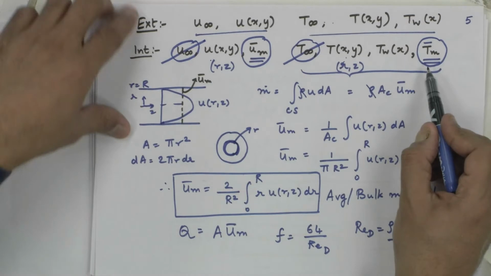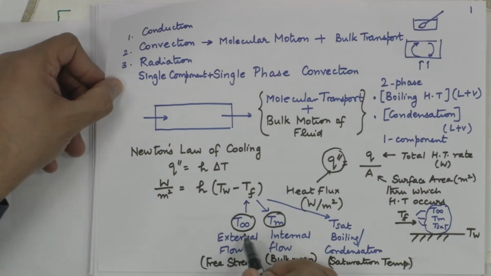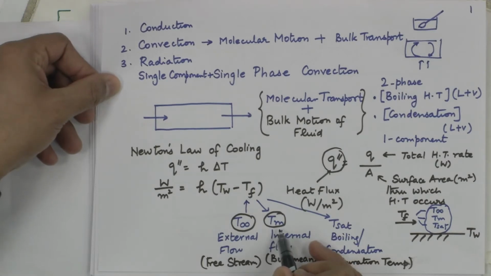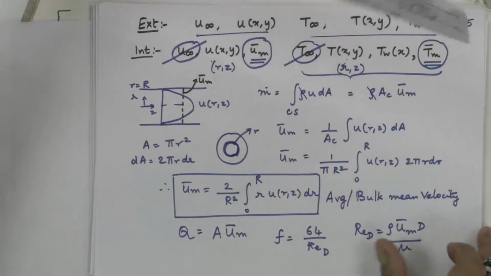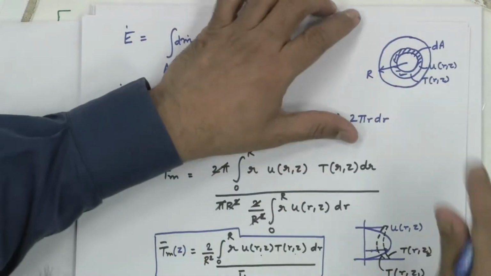That is what I wrote in my first slide of this lecture, I said T wall minus Tf, Tf was T infinity in external flow, Tf will become T bulk mean, and we have defined that now. Okay. So, moving on, this is slide number 8.